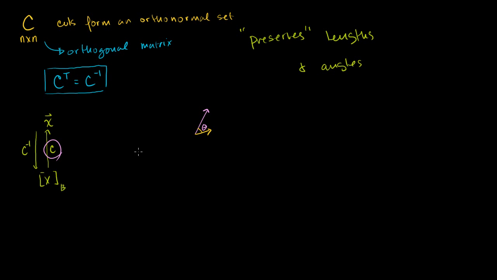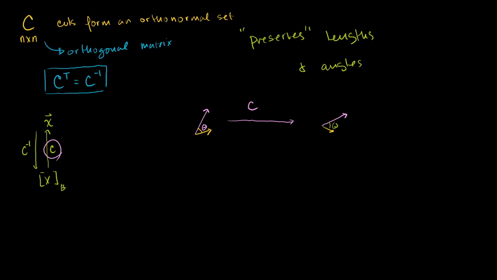Now, if we're preserving the angles and the lengths, that means if I multiply these vectors times C, and we can view it as a transformation, maybe I rotate them or do something like that. So maybe that pink vector will now look like this, but it's going to have the same length. And this yellow vector is going to look something like this, where the angle is the same, where this theta is going to be that theta. That's what I mean by preserves angles.